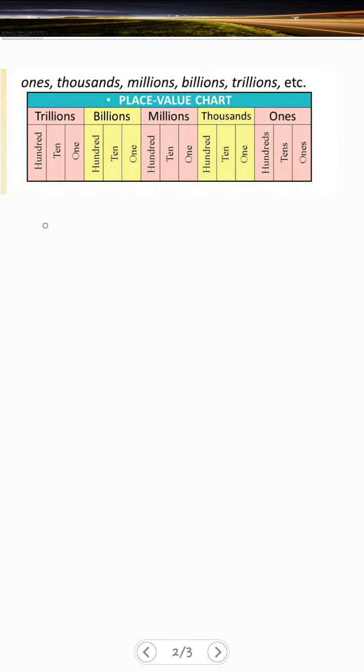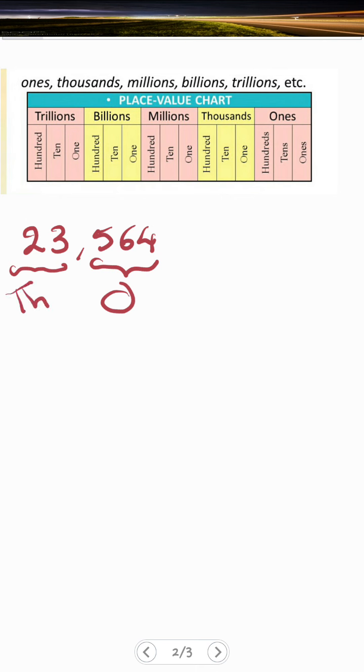So if we have a number, again, 23,564, how do we read this number? Again, try to do it by yourself. The first 3 digits to the right are the ones period, and the other 3 digits are for the thousands, and this is ones, tens, hundreds, ones, and tens.